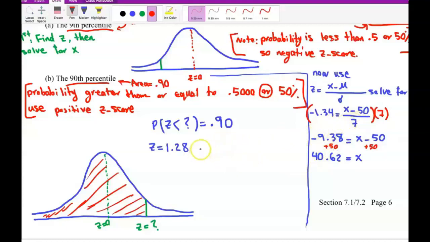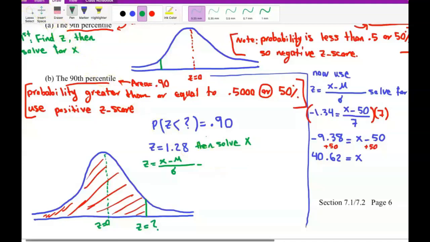Now finding the answer for part B, the final answer. So we need to find x here again. Okay, so use z equal to 1.28 and solve for x. So we have x minus mean divided by standard deviation. Okay, so using this one, then solve for x.